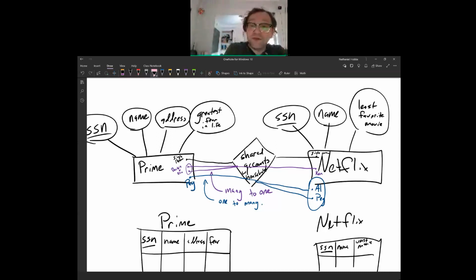So that means here, that's going to be a... let's see. I'll make it a thick line. Okay, this is going to be a little hard. No, not hard. Okay, so in this example, we have 4 people with a Prime account on the left.